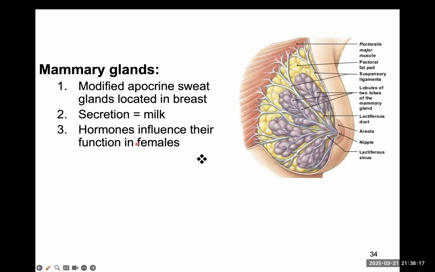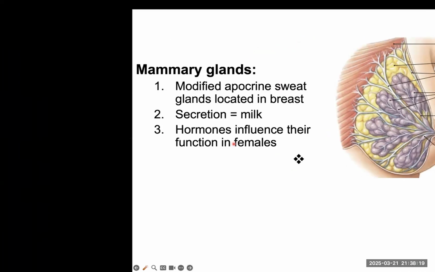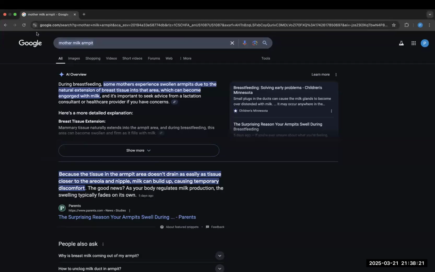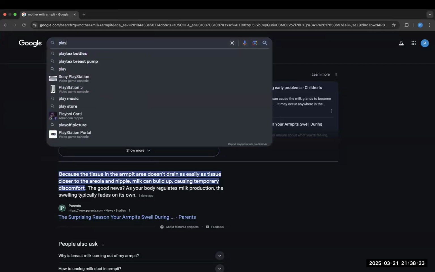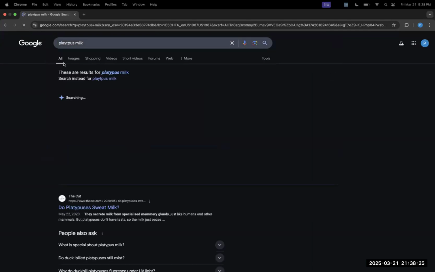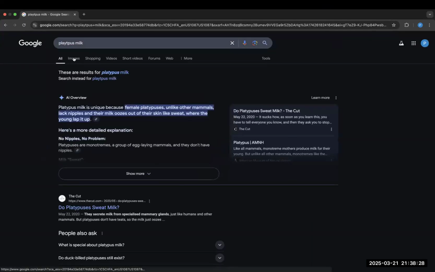In addition, when you look at things like platypus, let me see. So platypus, if you Google platypus and milk, the first thing that pops up is whether platypus sweat milk.